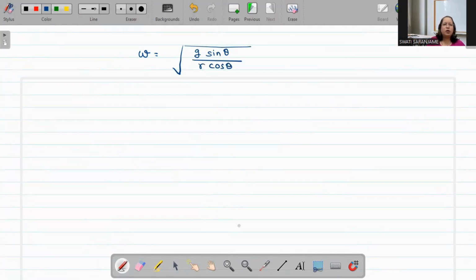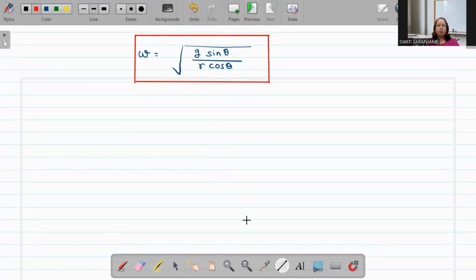Let us box this equation, since it helps us find the angular speed of the bob of a conical pendulum with which it performs uniform horizontal circular motion.